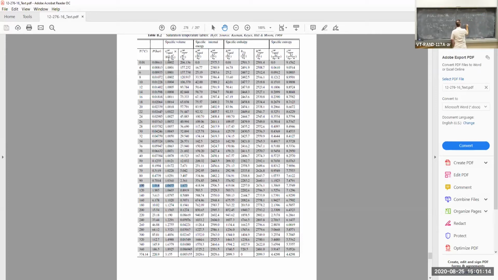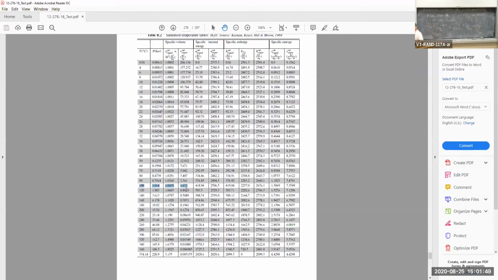The specific volume for the saturated vapor at 100 degrees and 1 atmosphere is 1.673. Let me check and make sure that's right again: 1.0673 cubic meters per kilogram, okay?